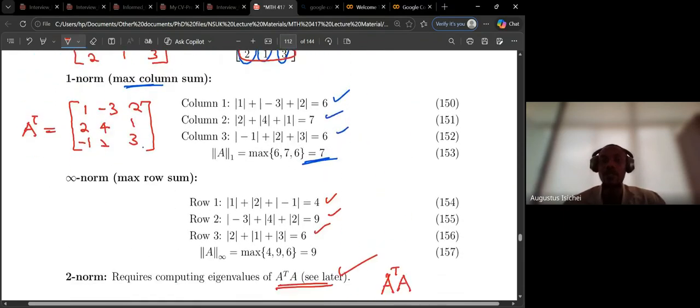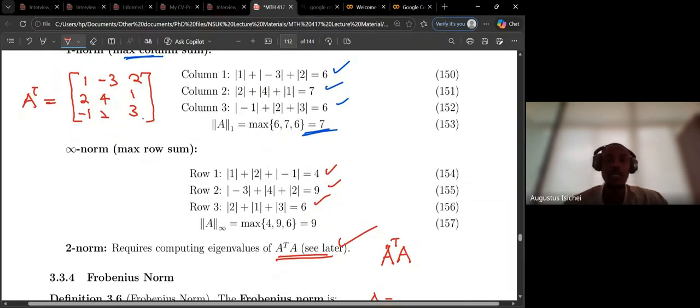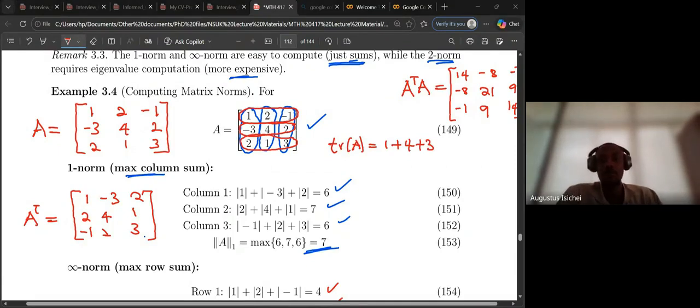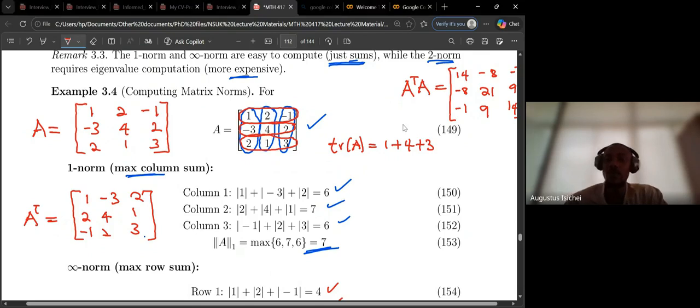So if our matrix A is 1, 2, 3; minus 1, 2, minus 1; minus 3, 4, 2; 2, 1, 3, it means that the trace of A will be 1 plus 4 plus 3. That is the trace of A. Very simple. And that's equal to 8.